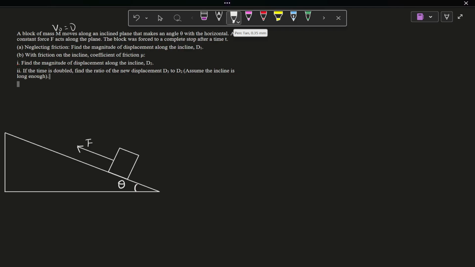So, B part. I should move it a little bit to the left. Free body diagram. This represents the center of mass of the object. This is mg. I think you already realized that there's a normal force perpendicular to the surface, Fn.